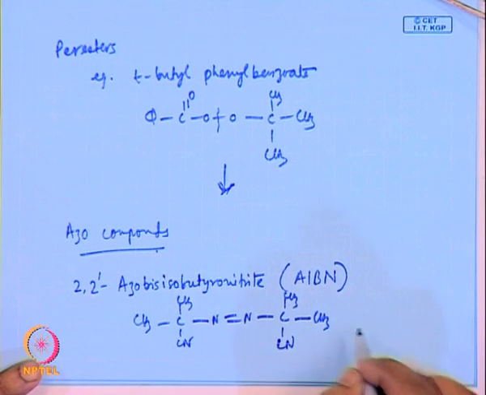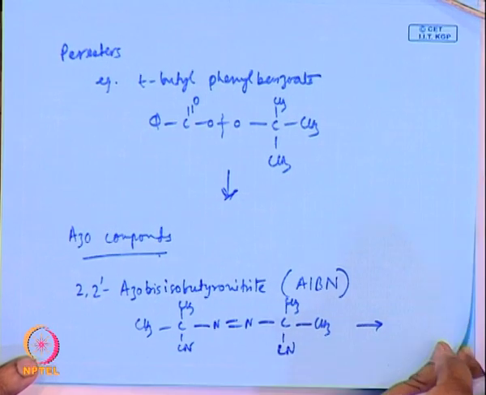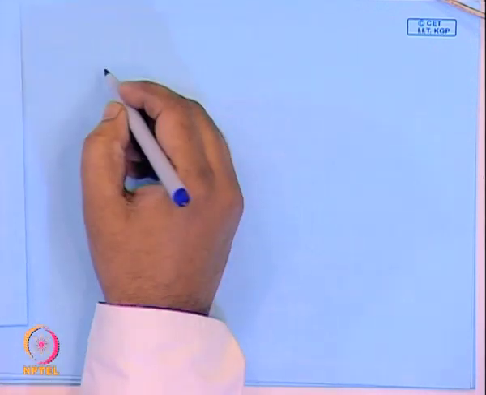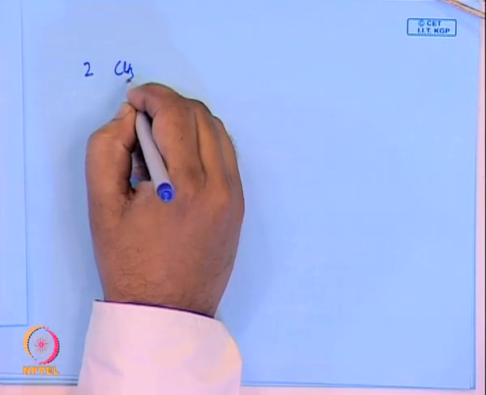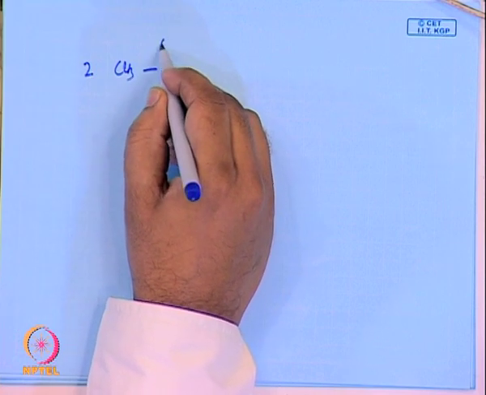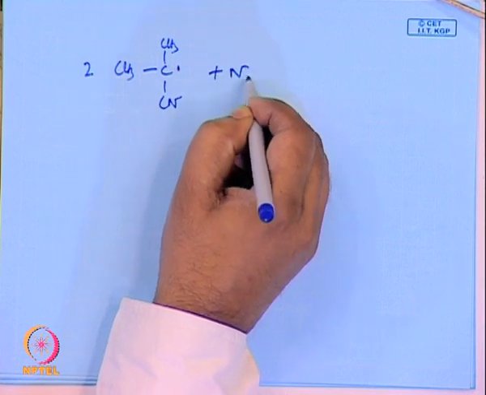Now, this can break into two species, plus N2.